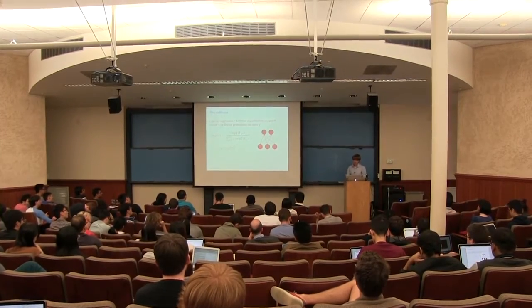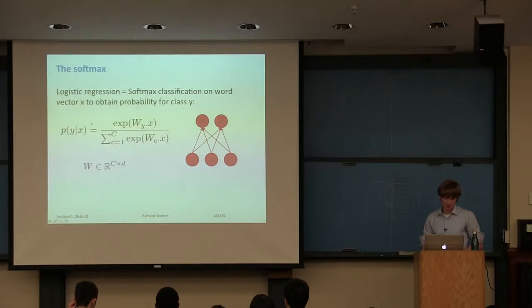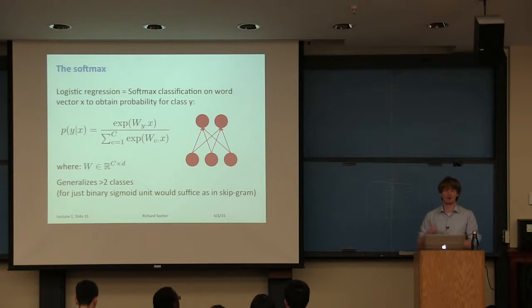So let's go over this a little bit. Basically here, what we're trying to classify is a specific word vector x, and let's assume here that each word vector just has 3 elements. So our dimensionality here, d equals 3, and we just have 2 classes. It turns out for just 2 classes, it doesn't actually matter to use softmax, because we could just use the sigmoid as we did before, because then probability 1 is for one class and 0 is for the other class.